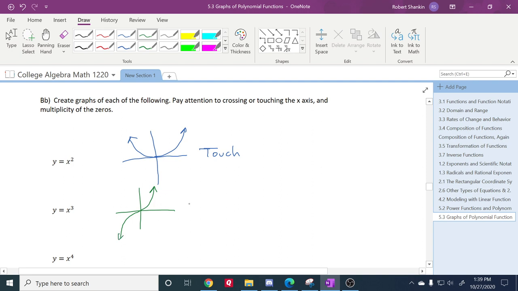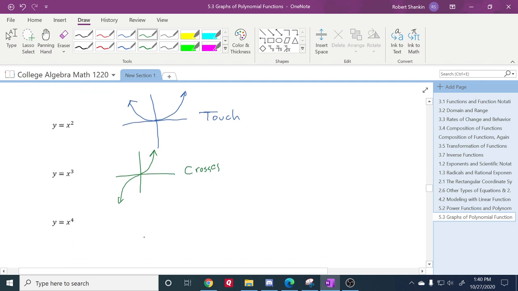So this one crosses the x-axis. y equals x to the 4th. It's like the x squared, except it rises up faster, both of them going up. Once again, it touches.